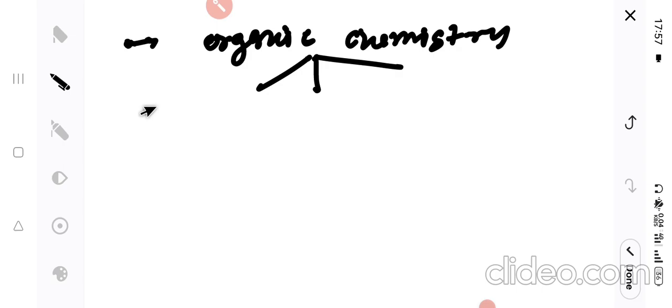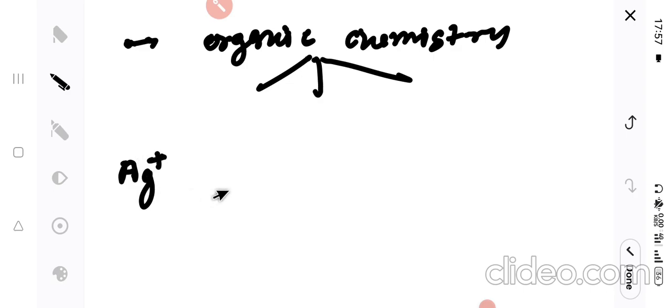First, when a molecule has charge, write this: first, charged molecules, like we have Ag plus and Cl minus, right?